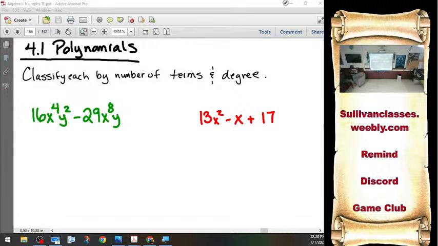Classify by number of terms and its degree. If it gets a special name, please make sure you state it.